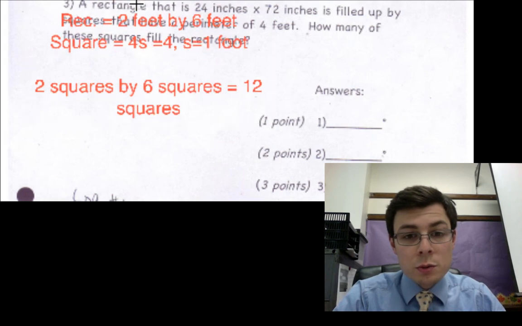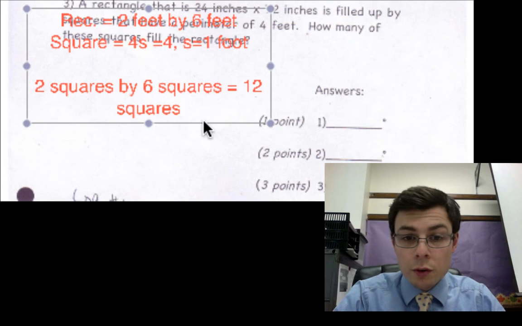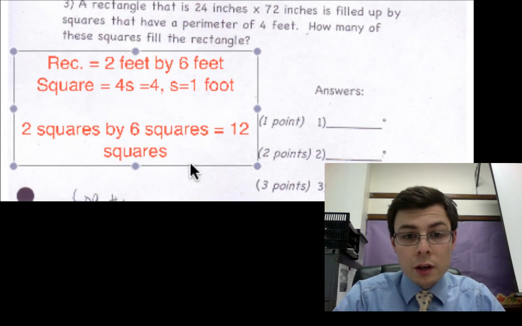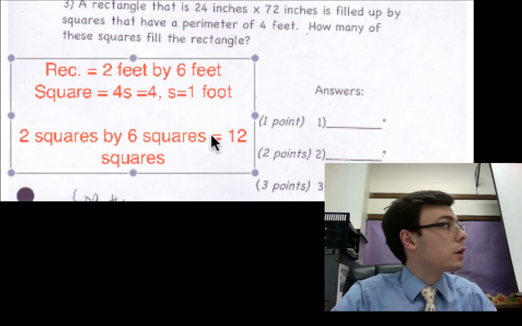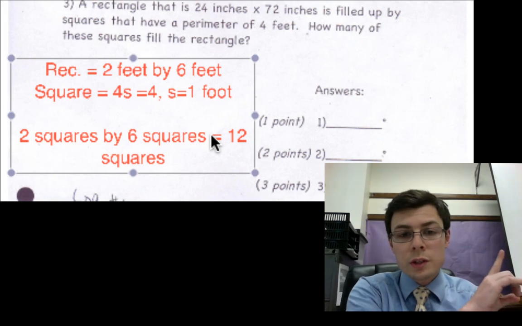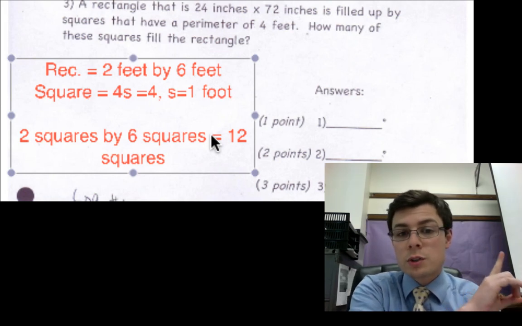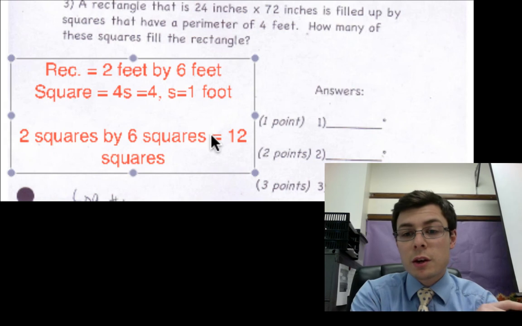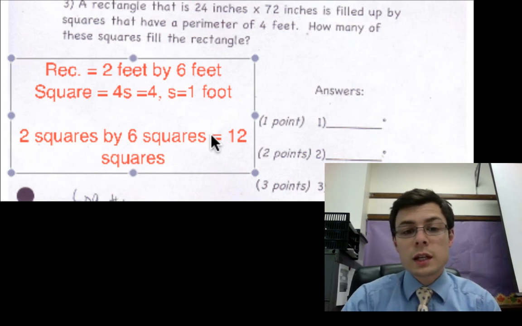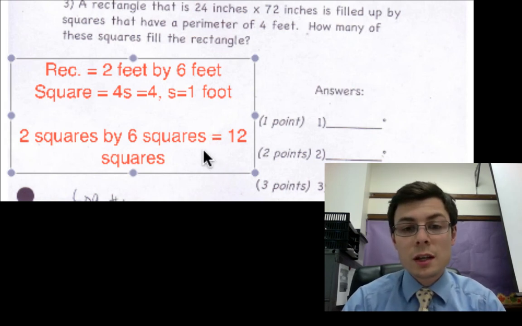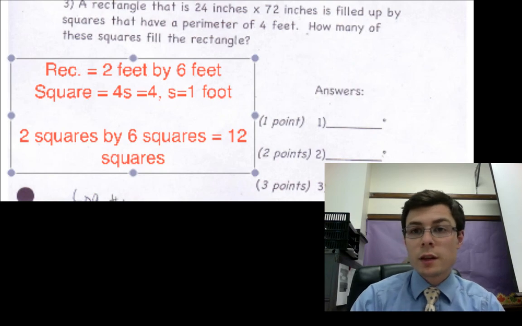Now that we found the dimensions, the area of the rectangle, 2 feet by 6 feet, is 12 square feet, and the area of the square, 1 foot by 1 foot, is 1 square foot. So we can take the area of the rectangle, 12 square feet, divide it by the area of the square, 1 square foot, to get our final answer, again, of 12 squares. Either way, 12 squares. Thanks.